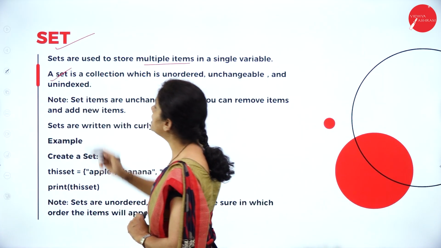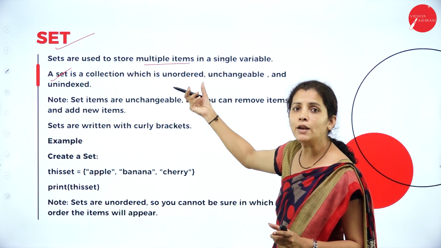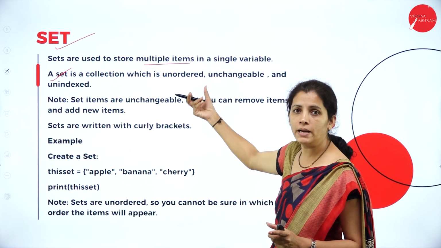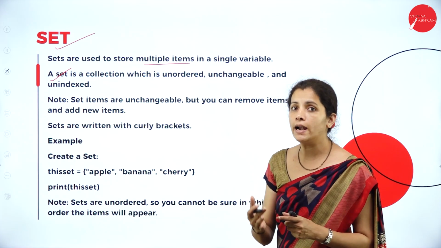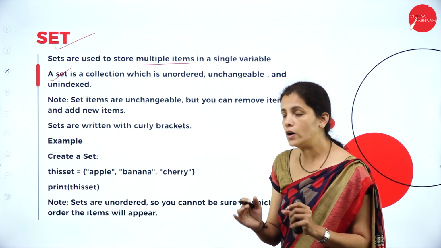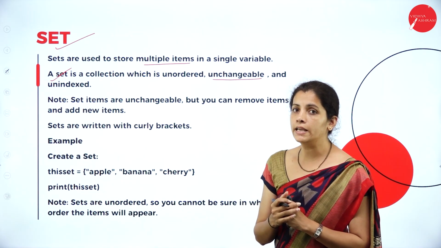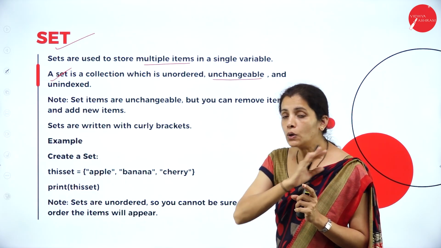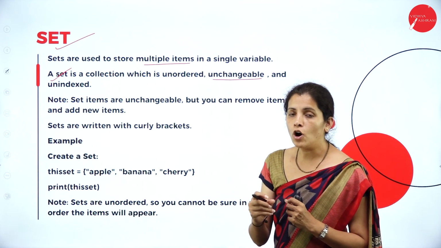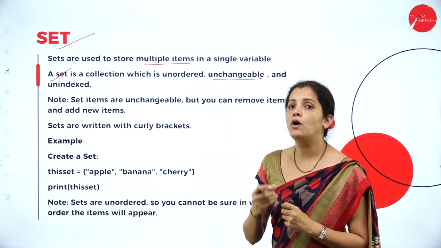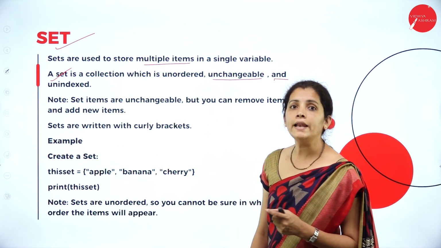Here a set is a collection, a group, which is unordered. So all the elements are stored randomly. There is no particular order. And unchangeable: once the set is created, we are not able to alter the elements, in the sense that it is not possible to add a new element or remove an existing element. And unindexed.